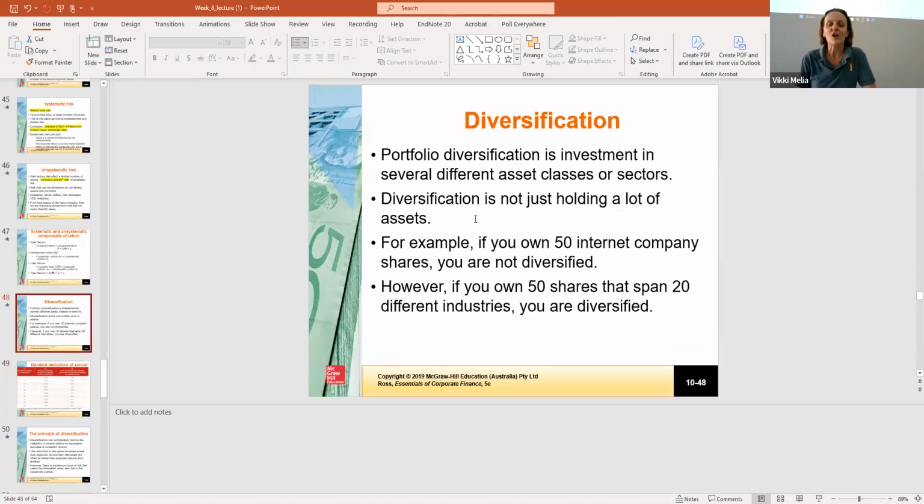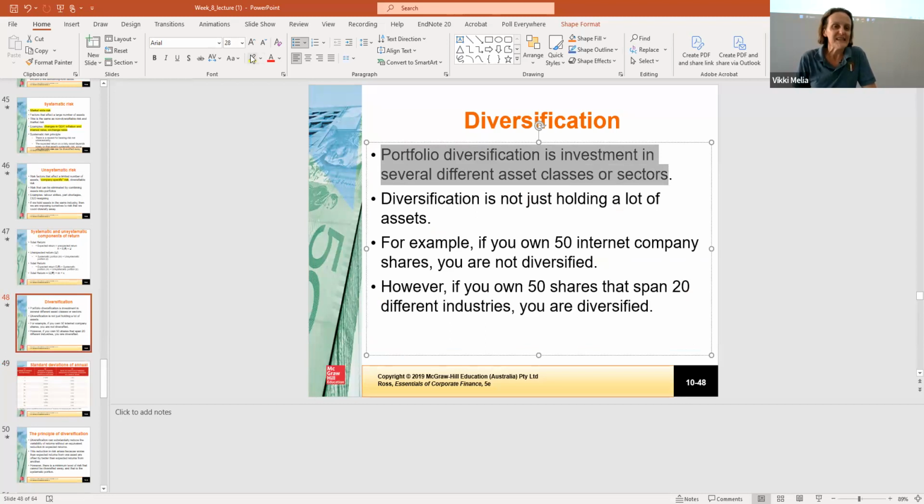So we've talked about the concept of diversification, investing in different types of asset. So, for example, that might mean don't just buy shares in companies. You might invest some money in shares. You might invest some money in real estate. You might invest some money in bonds, investing in different types of asset. If you do hold a portfolio of shares, you would invest in different companies in different industries.